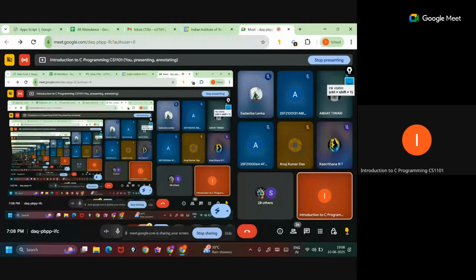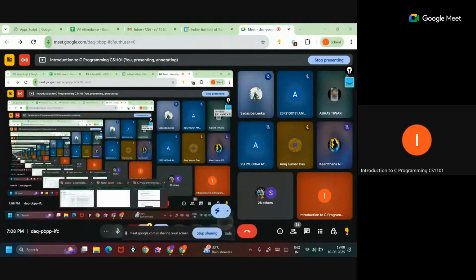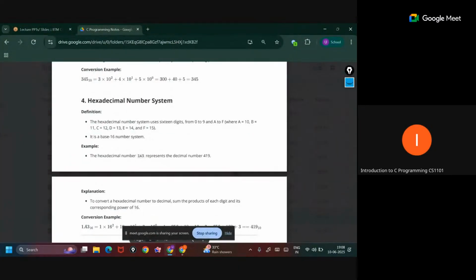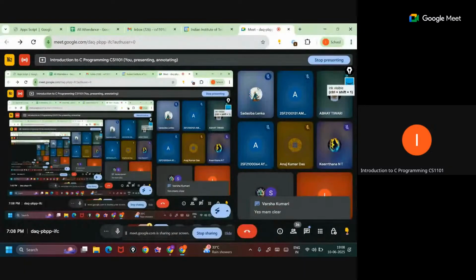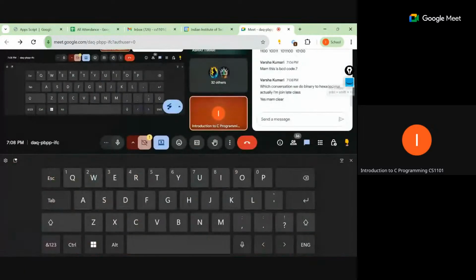The number of bits required for representing 15 is 4. So that's why we are using a 4-bit representation. Is that clear? Great.